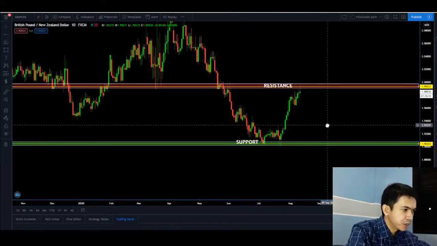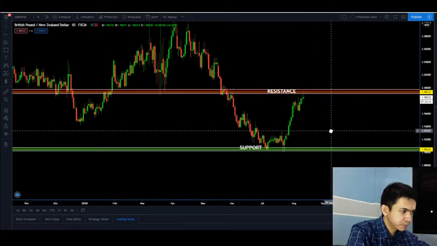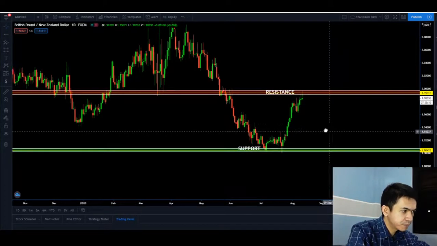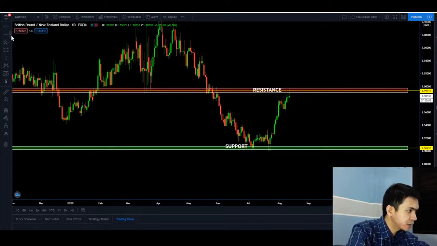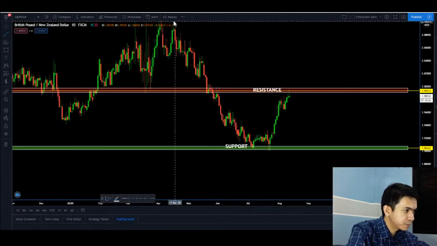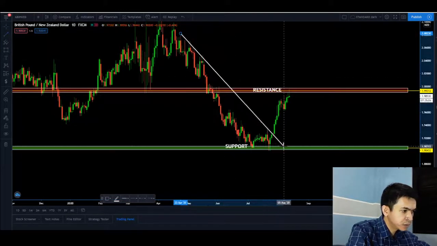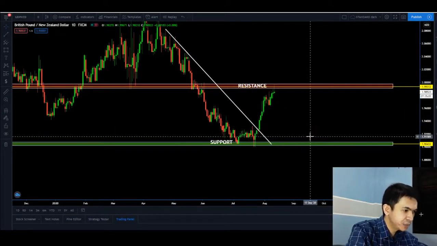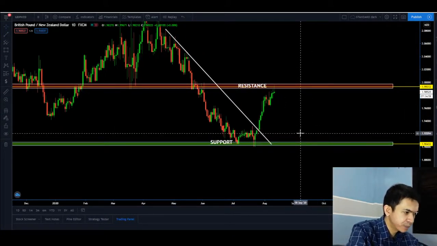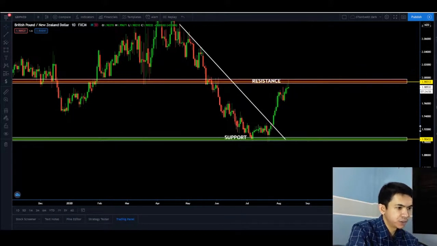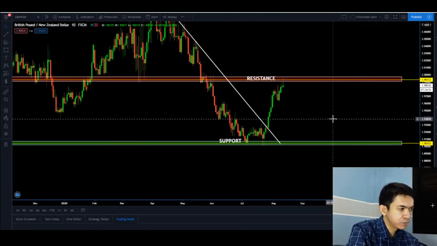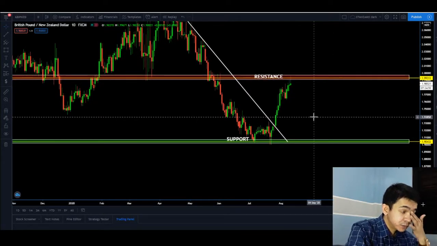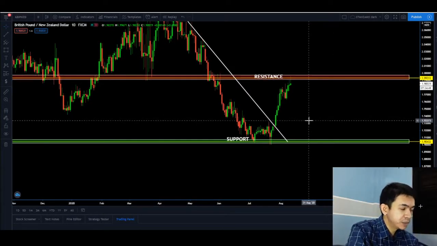On a long-term perspective, if I would want to buy this market, I would need to check the levels and identify my HPT, or high probability trade zone. On a long-term or swing trader perspective, this will be my high probability trade area zone.